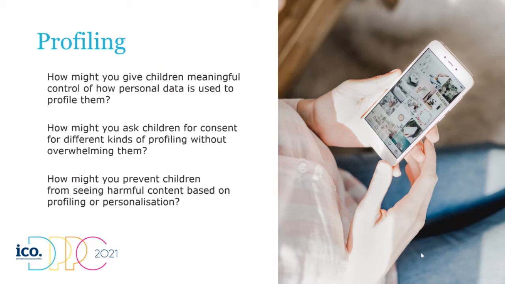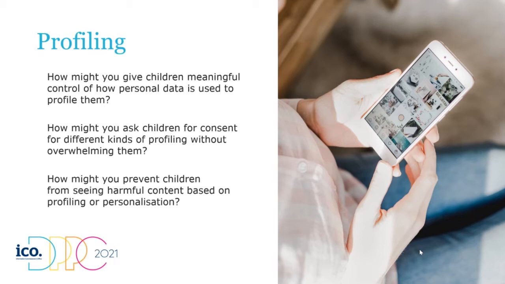It is not acceptable to bundle different types of profiling together under one privacy setting. So designers will need to consider and test different interaction designs that give children control over different profiling options in ways that don't overwhelm or confuse them. And these interactions will look different depending on the age of the children.